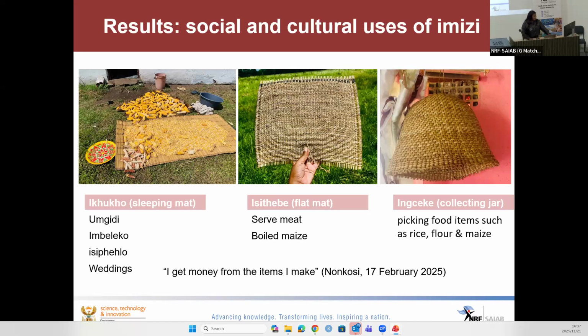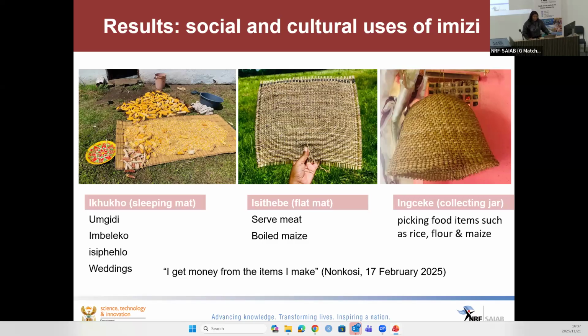And then we also saw izitebe, which is the flat mat used as a serving tray to serve food such as meat and boiled maize, inkobe. And there was also ineke, which is a collecting jar that is used for picking food items such as rice, flour, and maize.